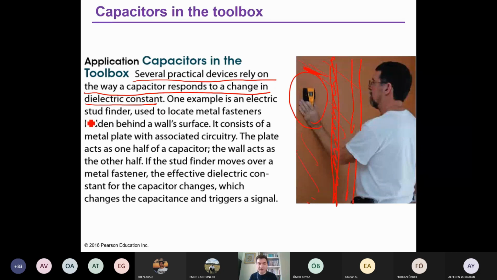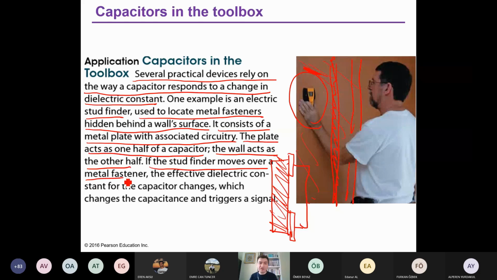You can consider it like this: here you have a metal plate, and another metal plate here, and here you have a dielectric material. The plate acts as half of a capacitor and the wall acts as the other half. If the stud finder moves over a metal fastener, the effective dielectric constant for the capacitor changes, which changes the capacitance and triggers a signal.